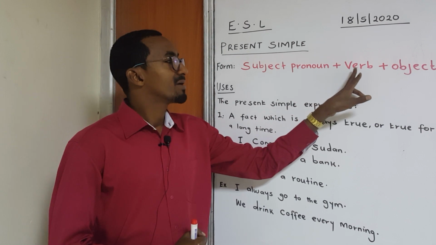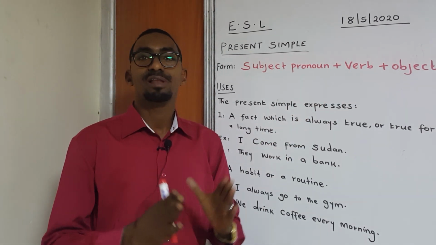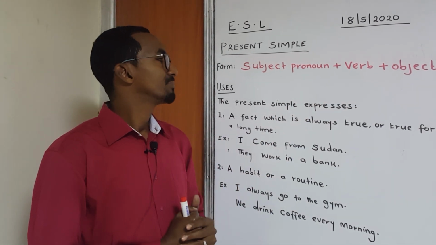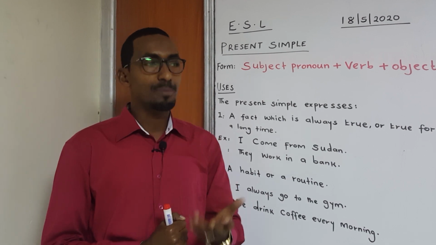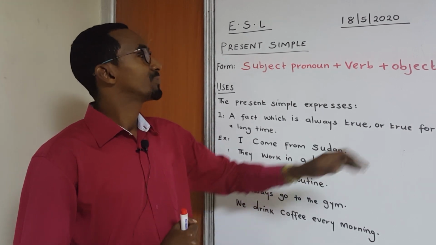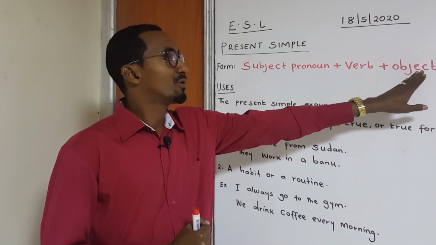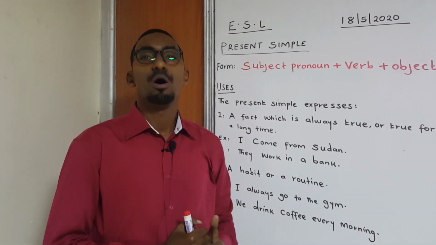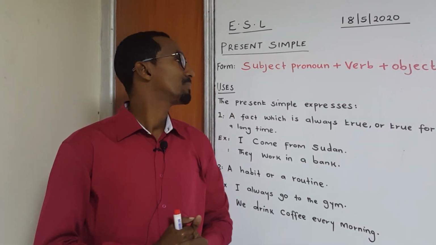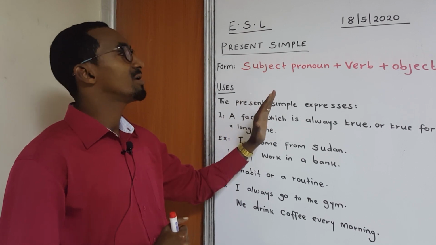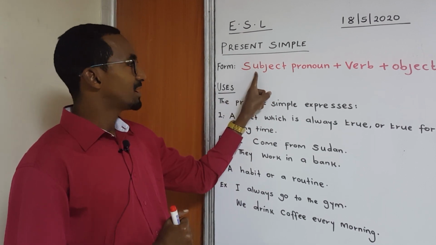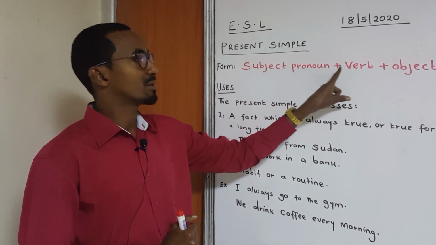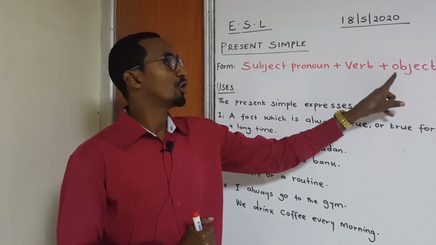Followed by the verb. We are going to learn more about verbs in our next lesson. And then followed by the object. So the formula is very easy. Subject pronoun plus verb plus object.